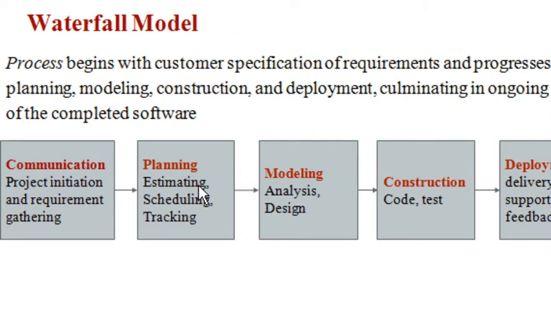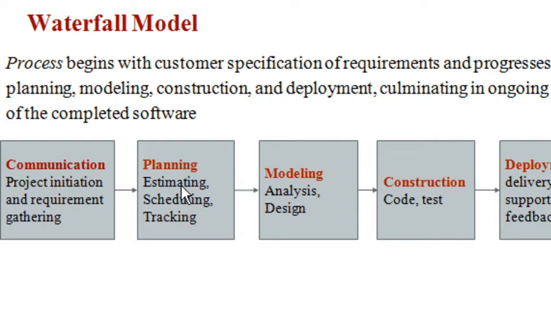Now we shall see the activities that are carried out in the waterfall model in a detailed way. This waterfall model consists of five steps. The first one is communication. In communication, the software development team communicates with the users or the customers and finds out their requirements. After identifying the requirements, they move on to the planning phase.